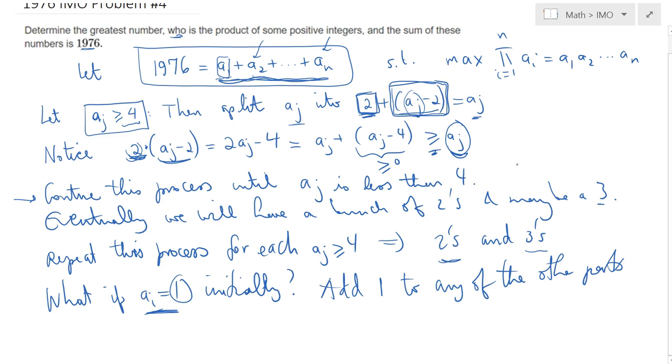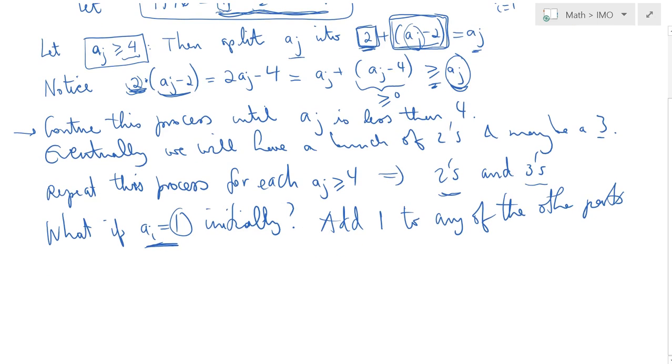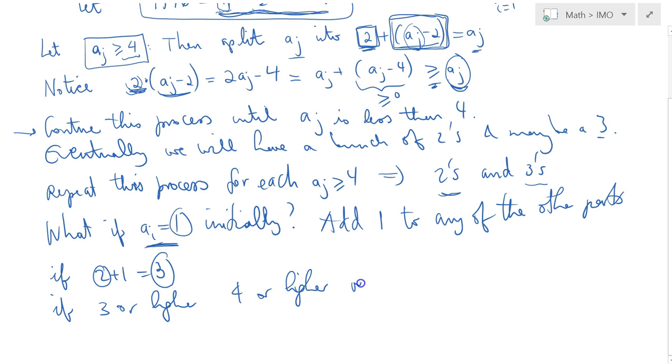If our number is a 2, for instance, if you add 1 to a 2, you get a 3, which I claim is good enough. If our number is a 3 or higher, we'll get a 4 or higher, and we split.